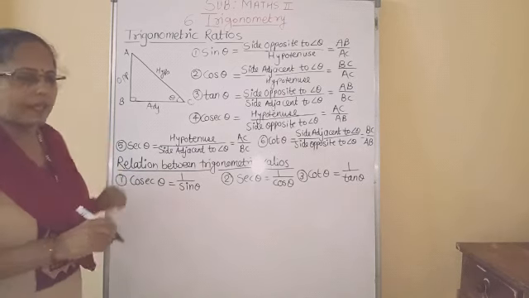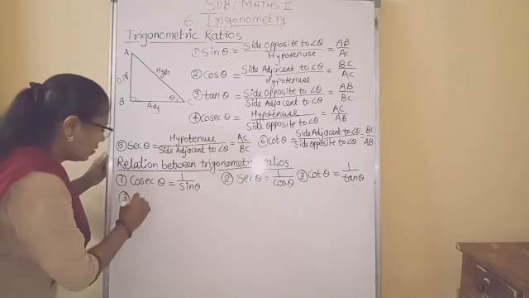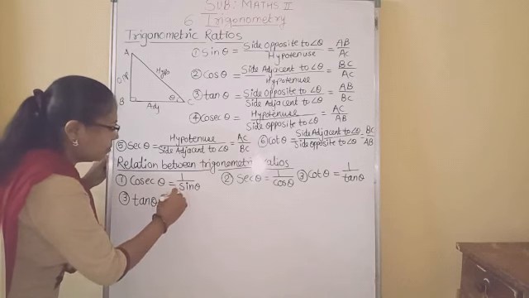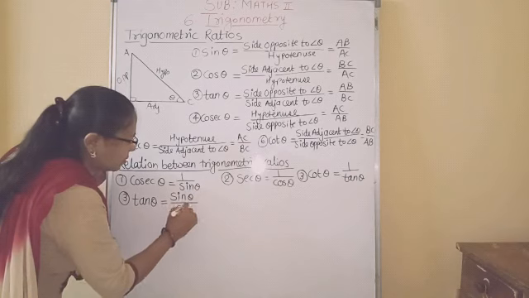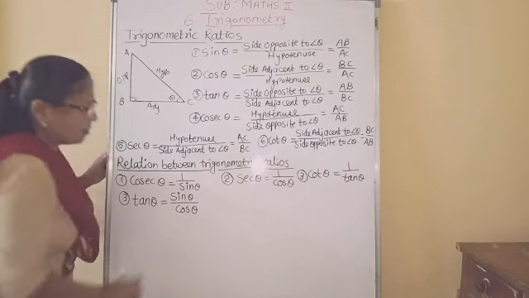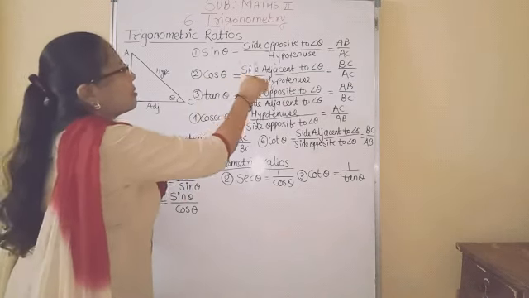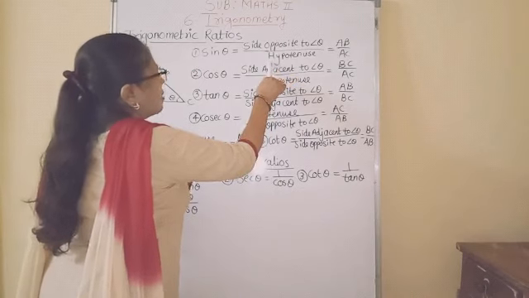Now one more relation we will get here: tan theta is equal to sin theta upon cos theta. Now see, sin theta is equal to side opposite to angle theta upon hypotenuse.